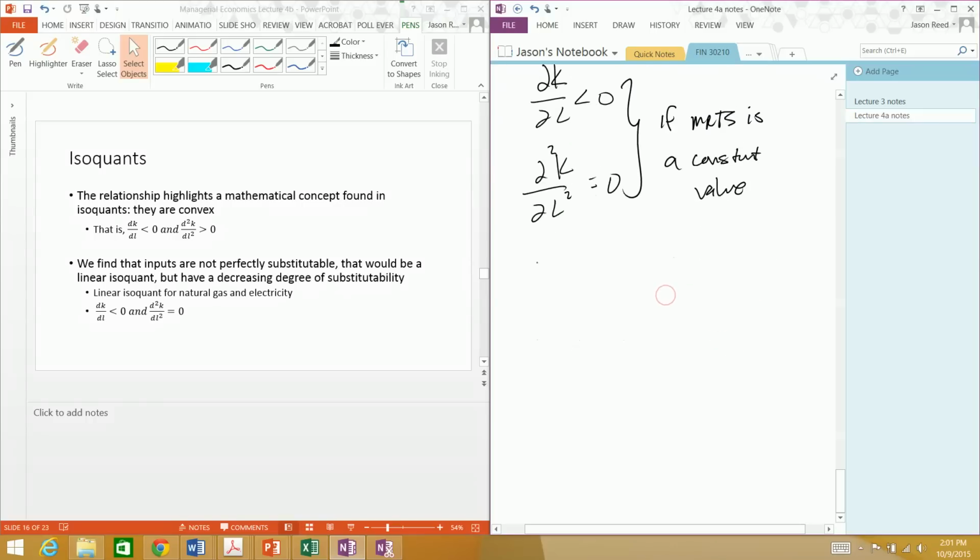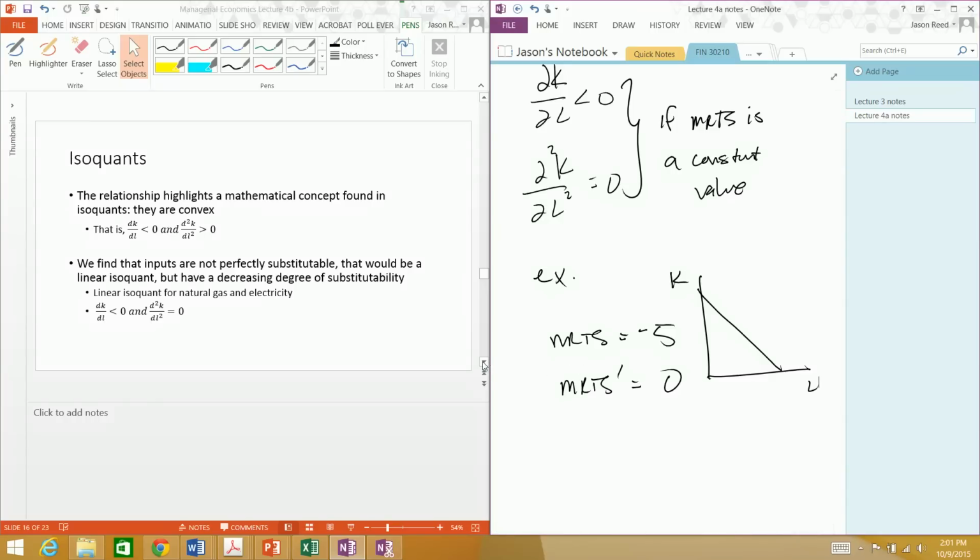So for example, if our MRTS is equal to negative 5, then the derivative of our MRTS is equal to 0. So then that would mean we have a linear isoquant, something like that.